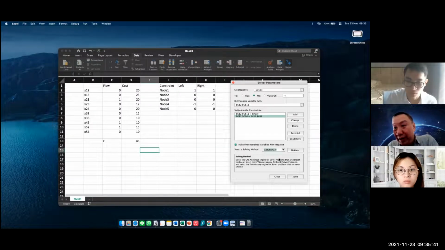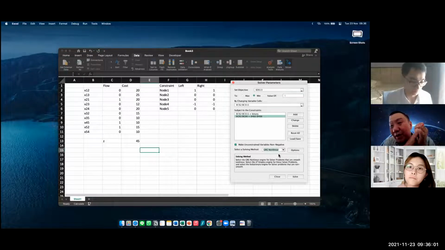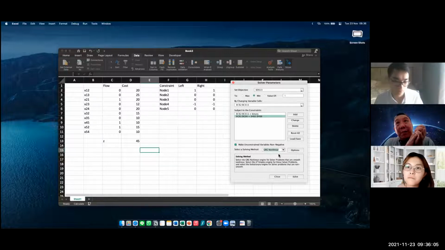Simplex, you know already, the matrix simplex. GRG nonlinear is basically Newton-Raphson, a more sophisticated method of Newton, because the one that I taught you, Newton-Raphson, is only one dimension. This is like conjugate gradient, which is multidimensional. So there are many methods of optimization.